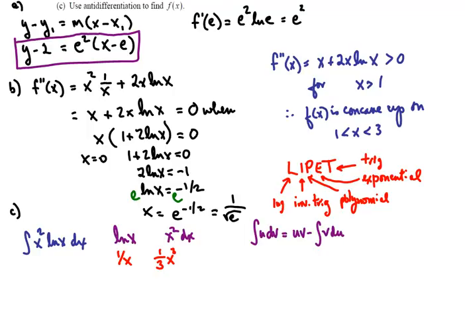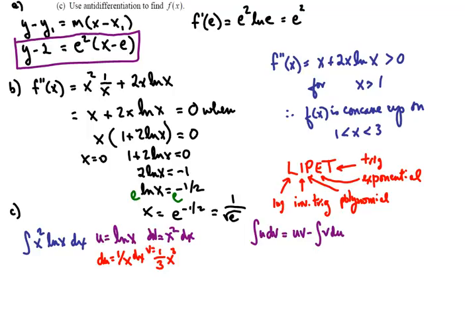So if u is equal to ln of x, then finding its differential would be du, which is 1 over x dx. And if dv were x squared dx, then its integral would be v, and that would be 1/3 x cubed.